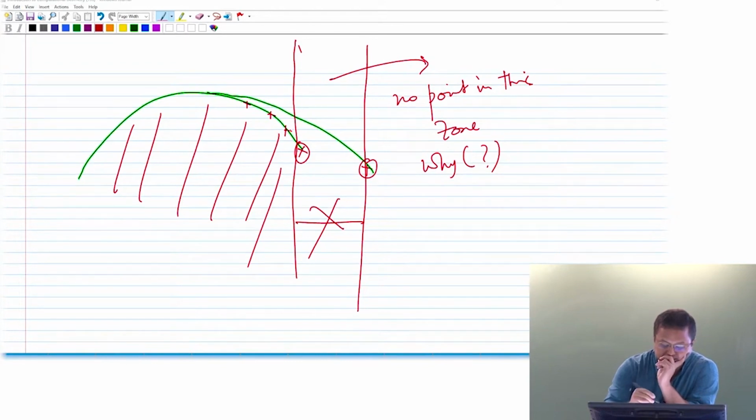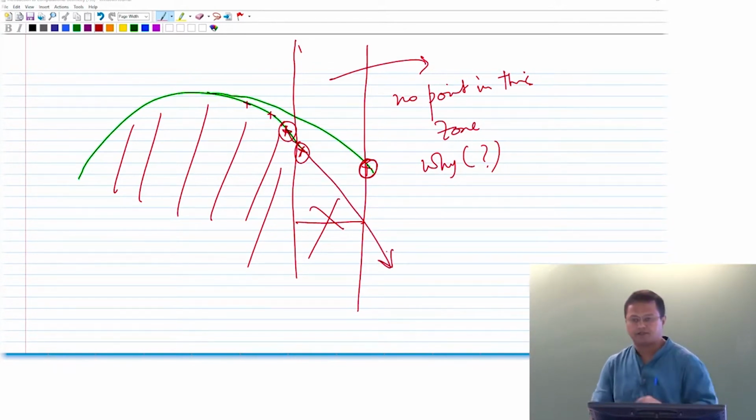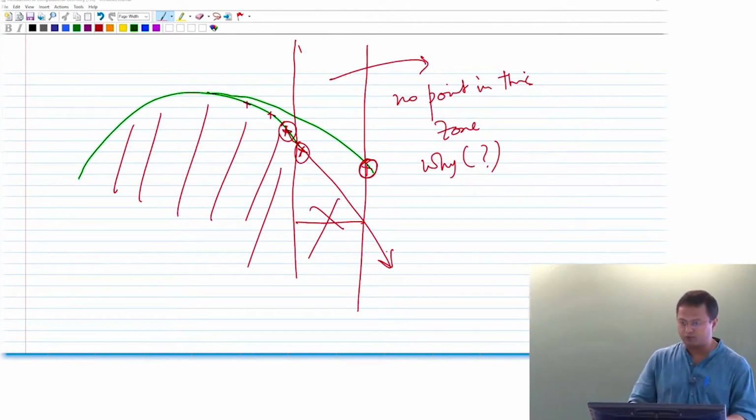I look at, starting from this point, its immediately preceding 2 points. So, this and this, okay. And I look at the line segment joining these 2 points.